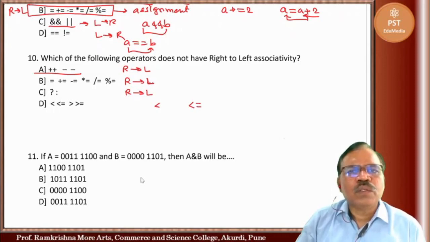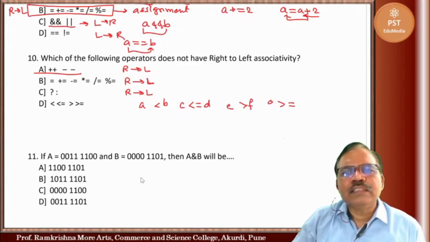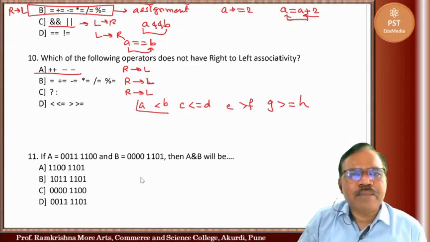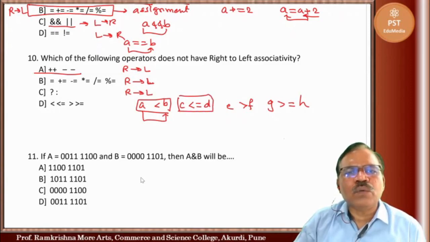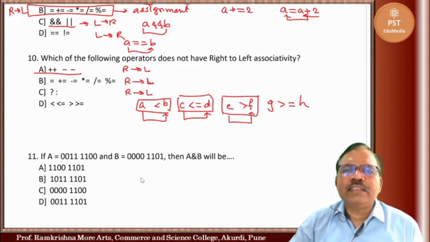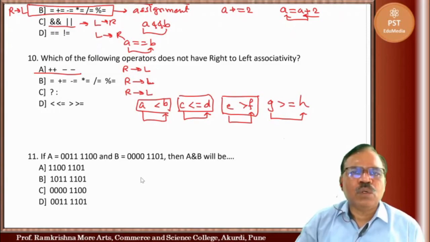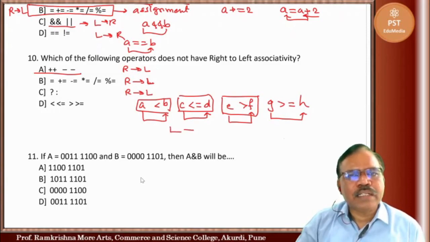than or equal to, greater than or equal to means A, B, I can take C, D, E, F, G, H. A less than B, so A is compared with B. C less than or equal to D means C is compared with D. E greater than F means E is compared with F. And G greater than or equal to H means G is compared with H. So these operators have left to right associativity.